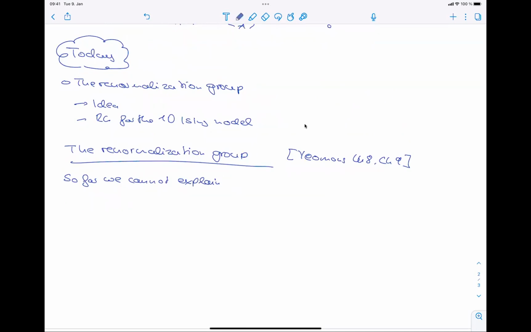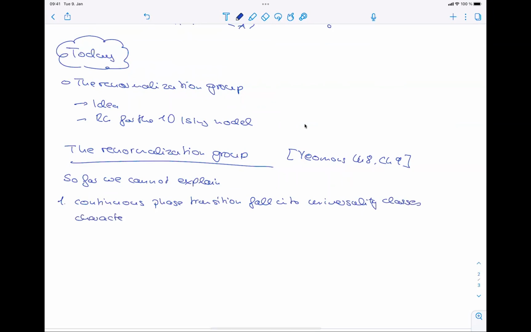First of all, that continuous phase transitions fall into universality classes, so that different systems obey the same critical exponents, we can't explain.